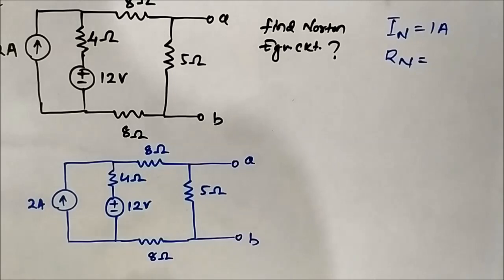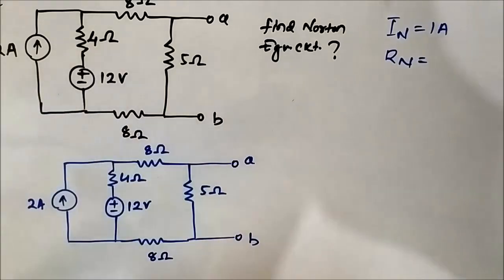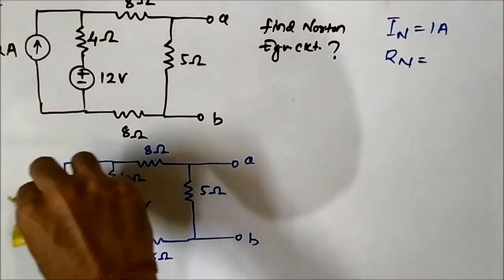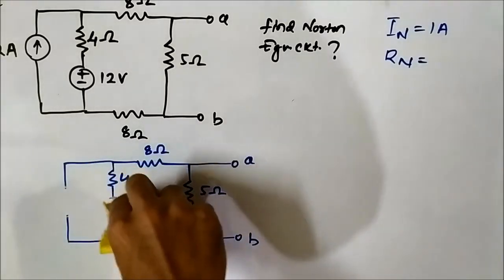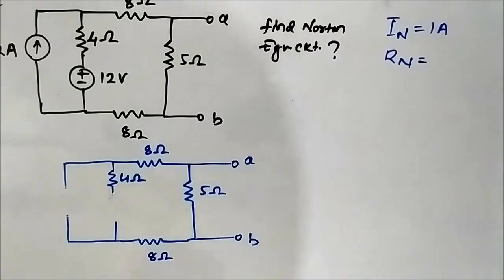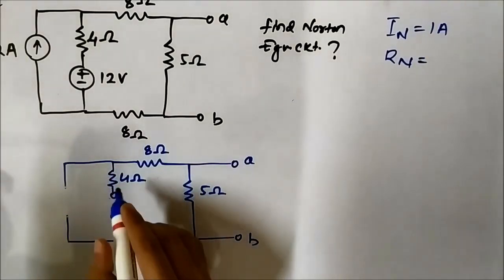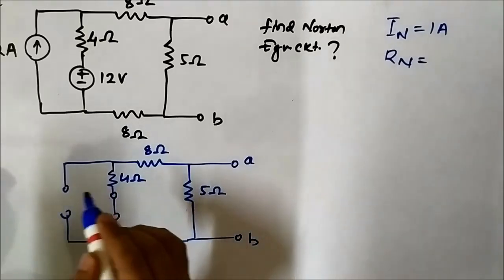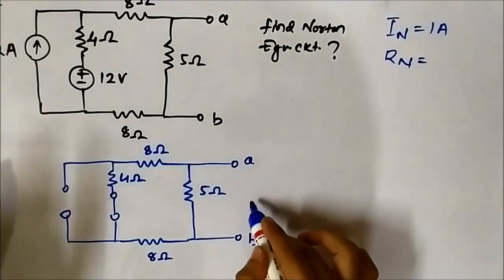For that we have to open circuit the current source and short circuit the voltage source. So this 12 volt voltage source is short circuited and this 2 ampere current source is open circuited.